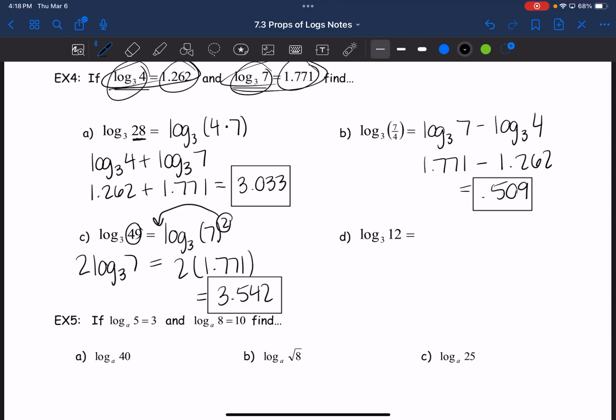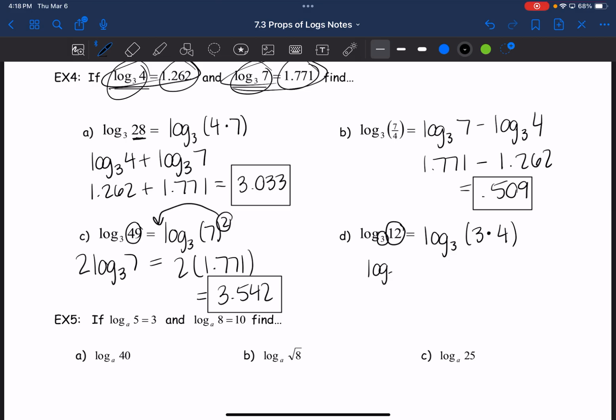All right, and then for this last one, we've got to think a little bit harder. Only the 4 will go into 12. And 4 will go into 12 3 times. Well, lucky for us, we are a base of 3. So I'm going to rewrite this as log base 3 of 3 times 4, which can be expanded into log base 3 of 3 plus log base 3 of 4.